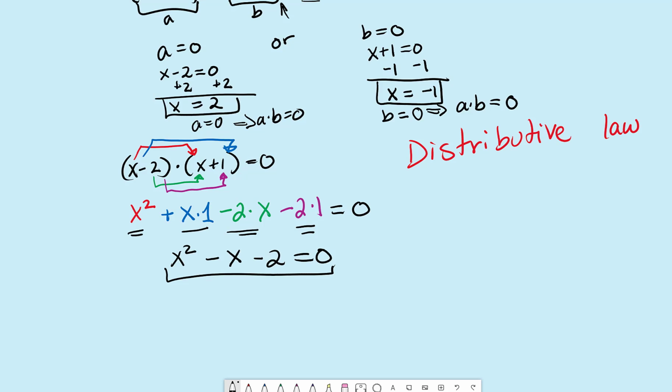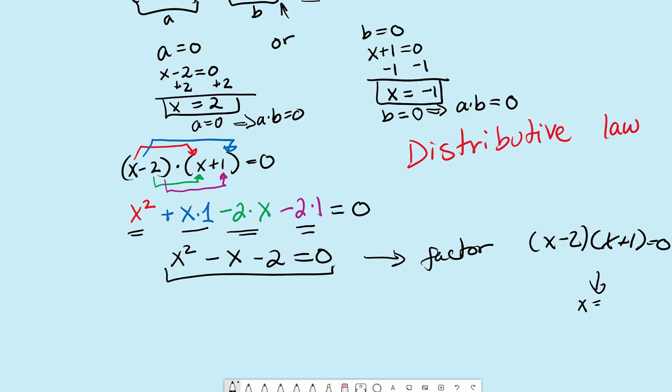If we were given this polynomial and asked to solve it, it might be a little bit difficult without the factorization. But with the factoring, if we know how to take this and factor it as we did initially into this equation, then our work is easy from here on.